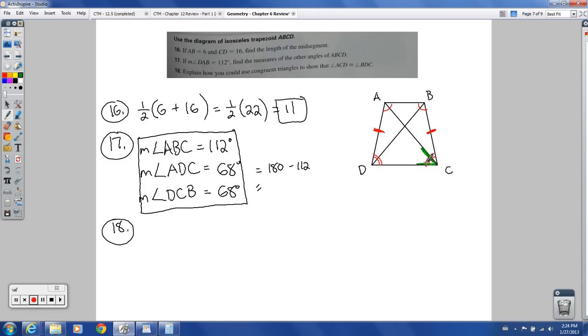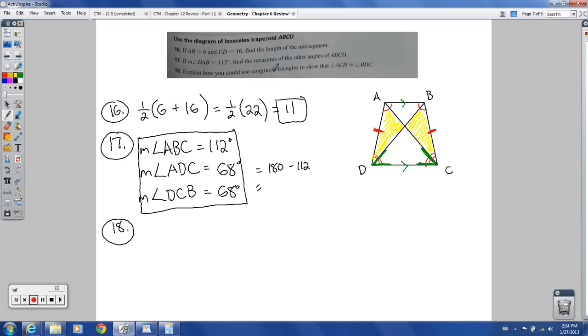How could you show that that angle is congruent to BDC, B to D to C? So this angle right here. How is that possible? We know this is an isosceles trapezoid, so I know that this is going to be parallel to that. That may prove to be helpful. So let's see here. So here's my thought process right now. This is the first time I'm looking at these problems. I'm seeing that the ones in yellow I'm coloring in here, these two are the only two triangles that look like they might be congruent.